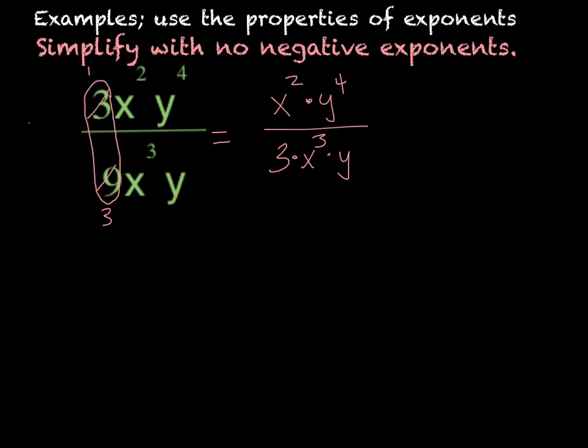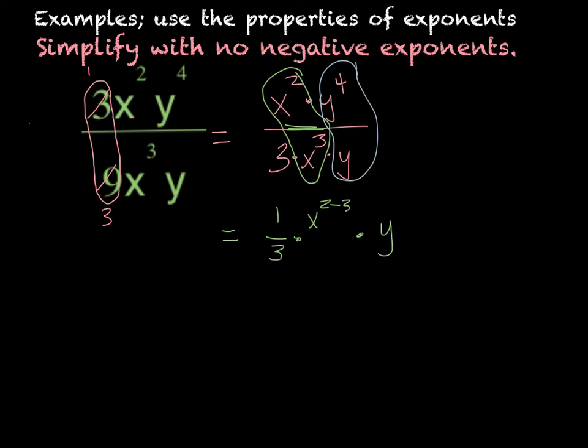Alright, so now I'm going to look at my x's. Just look at your common bases and then just do what you need to do with each of them. So when I do that, what I need to do is subtract. So I have 1/3 times the x, and since they're division, I'm going to go 2 minus 3, and then times my y, and again I can look at my y the same way, so I'm going to go 4 minus 1.